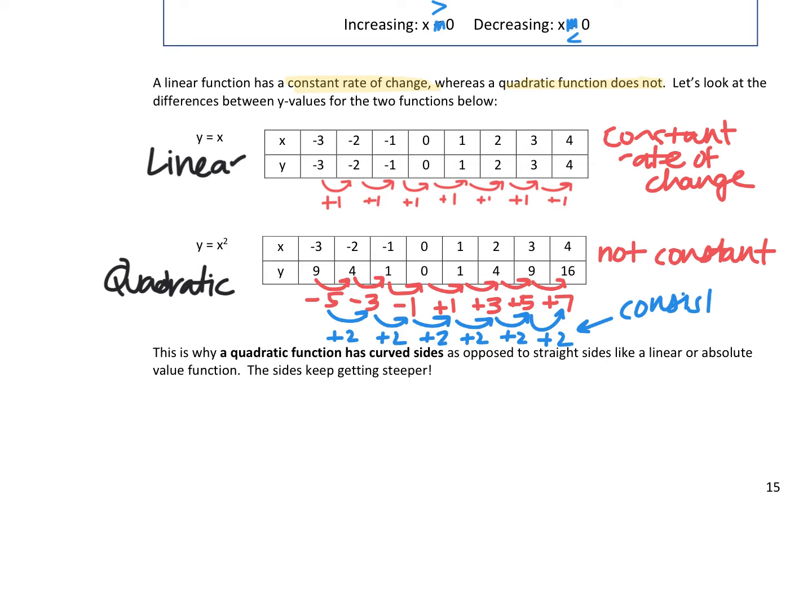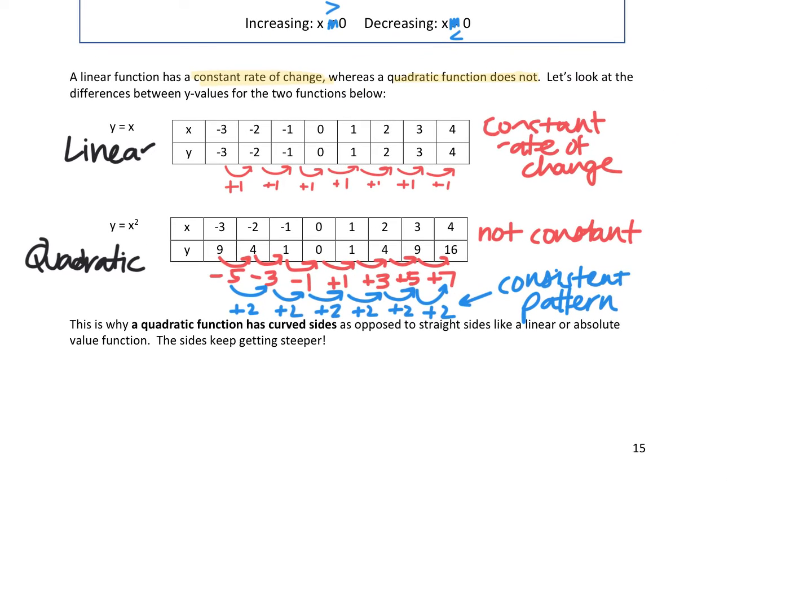It's not a constant rate of change though, okay? This will happen every single time. It's adding 2 more every time. And that is what's making it get taller and taller and makes it curved, because your change is getting larger and larger every single time. Okay, you can flip the next page when you're ready.